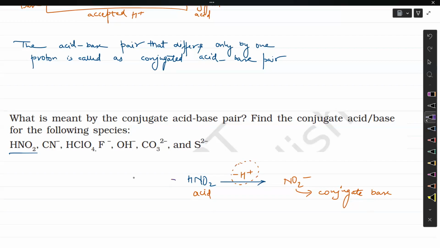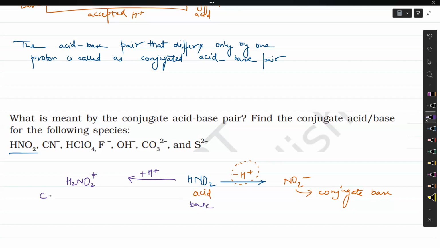Let's take another example where we are adding H plus, meaning it is accepting H plus. I have added one H plus, so it will become H2NO2 plus. So will it be a conjugate base or conjugate acid? In the second case, it is acting as a base.